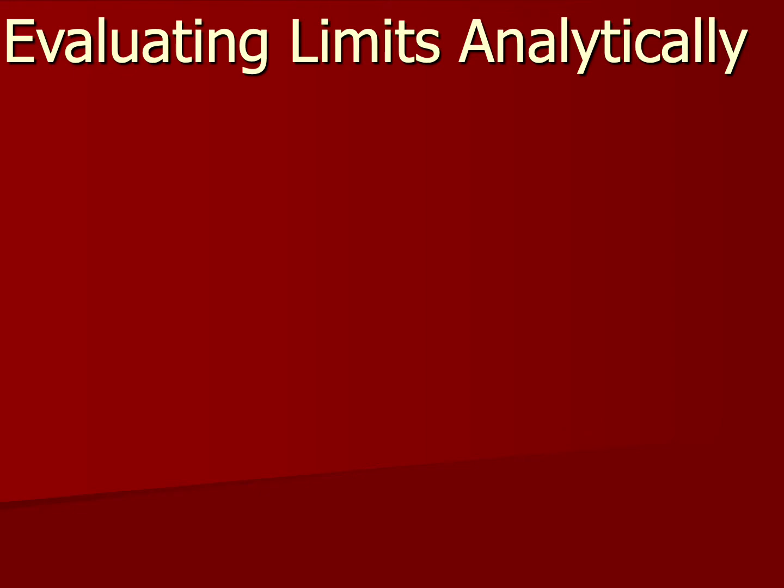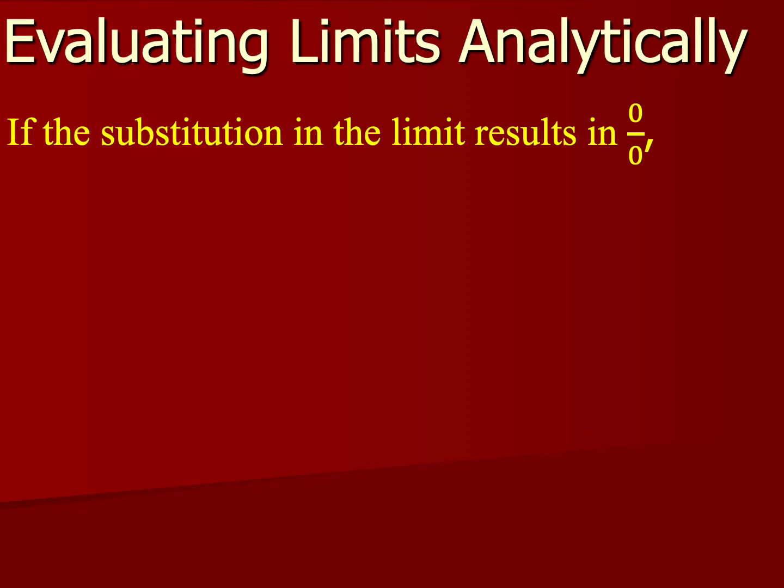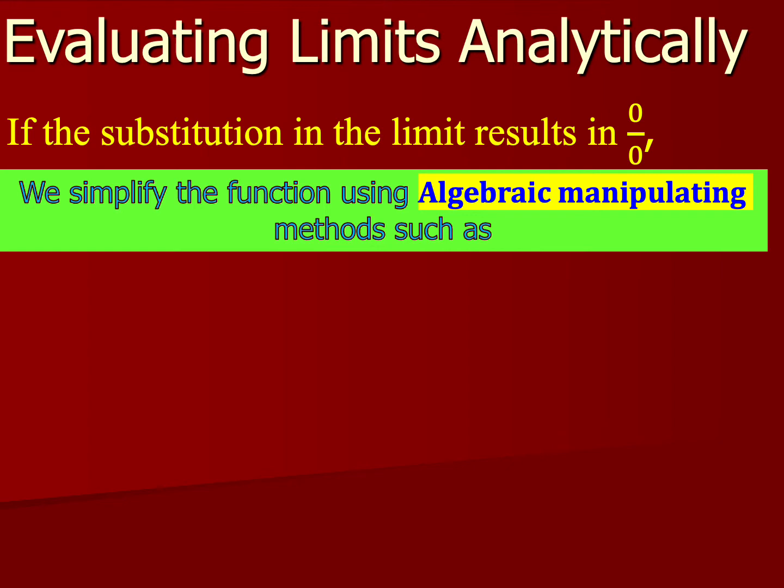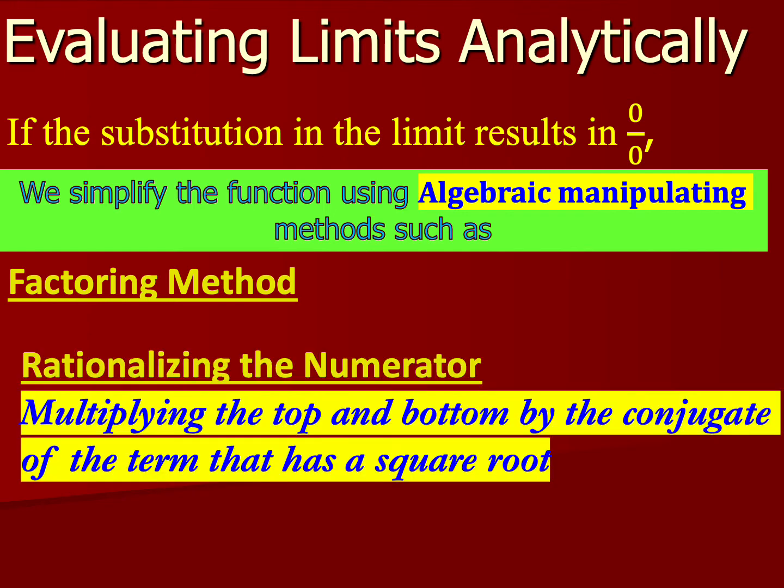Now let us take the main case, which is 0 over 0, and we don't need to talk about numerically. We'll talk only about analytically or algebraic manipulation. There are many algebraic manipulations. One of them is called the factoring method, and the other method is called rationalizing the numerator, or rationalizing in general.